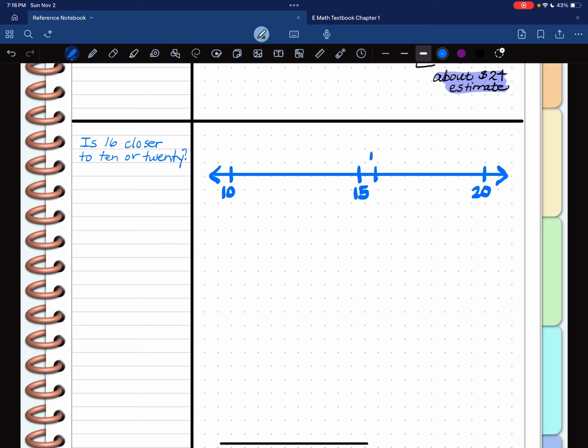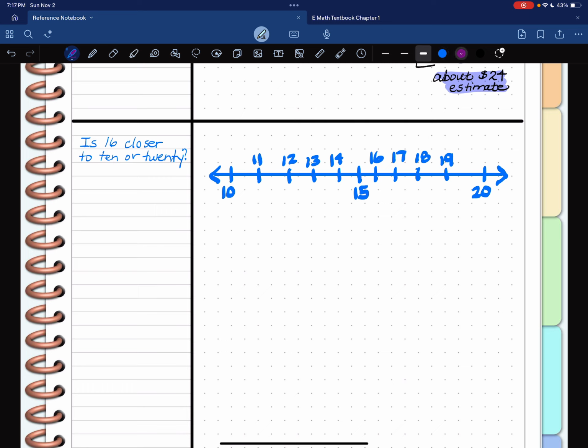Then we would have 16, 17, 18, and pretend those are equal slots. Going this way, I would have 14, 13, 12, 11, and then 10.